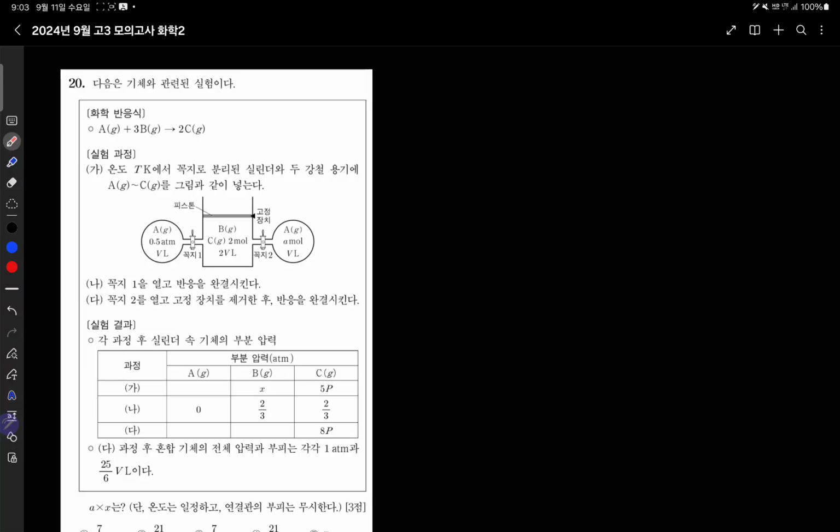Hello everyone. In this reaction, gas A and gas B react to form gas C. There is a cylinder and two containers, and initially two valves were closed.